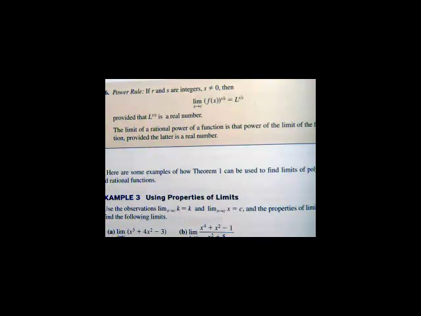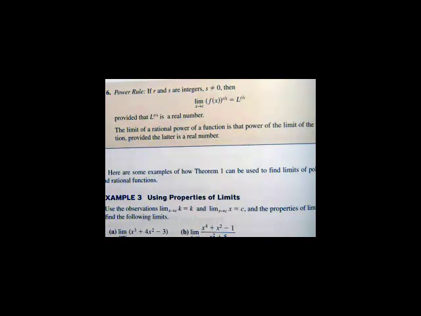So basically with all of these, it's saying if you're doing some kind of an operation inside of a limit, you can just take the answers to those limits and do that same operation to them, and the answer should still be the same. Okay? So, using some of these properties then, see how we can get that to work for us.